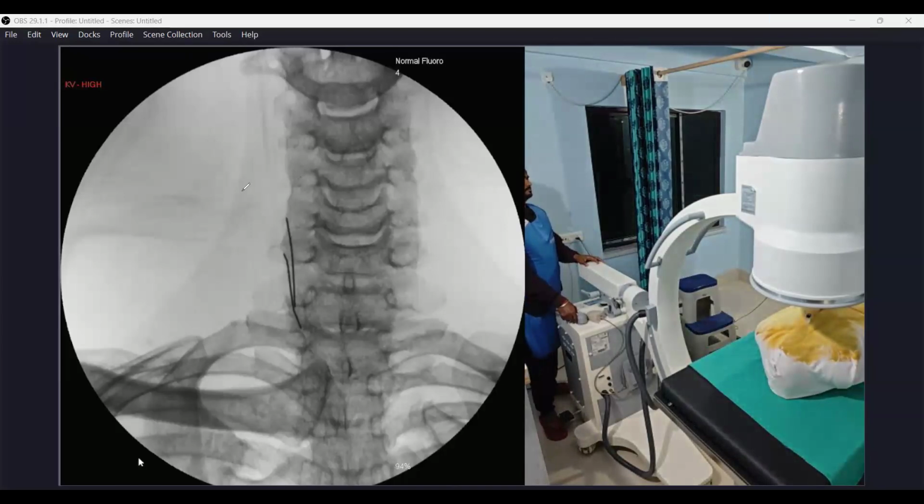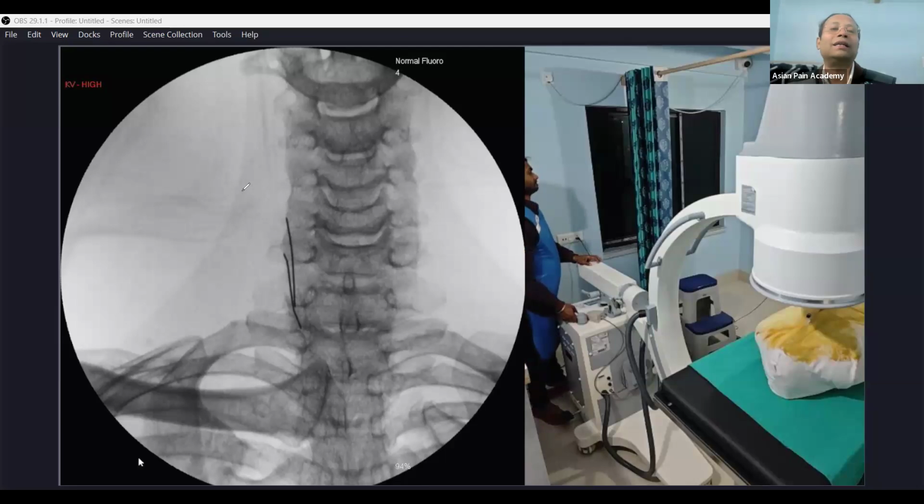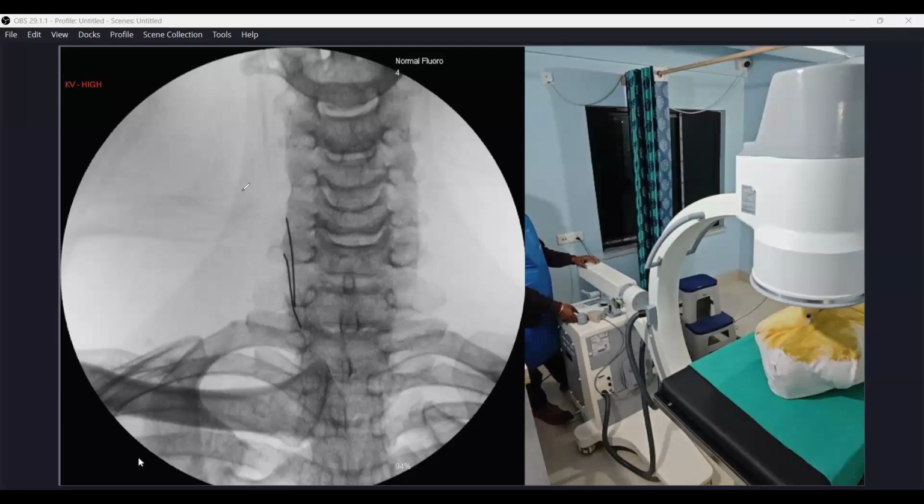And now for the RF, C7, C5, C6. So we do two medial branches, the C6, yes, and yes, because the C7 supplies the vertebra above. No, at the cervical level, it is the same level. So it will be C6 for the facet joint of C5, 6.